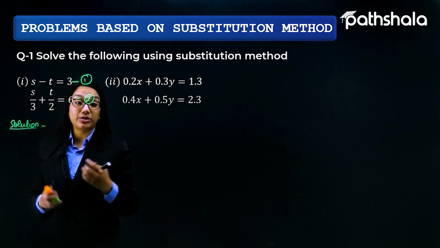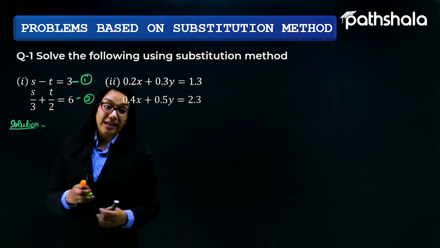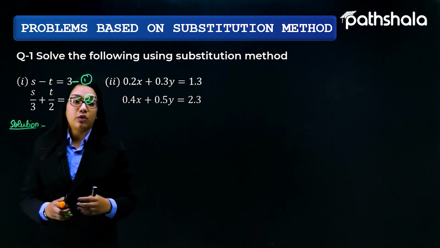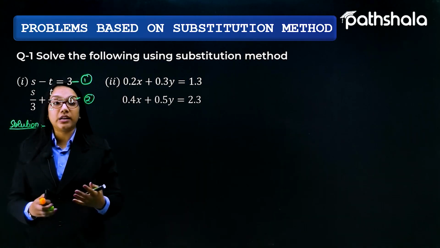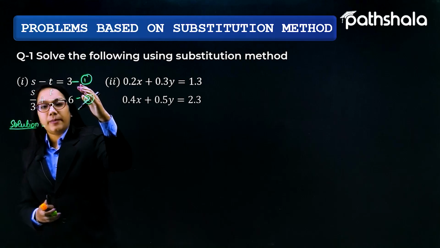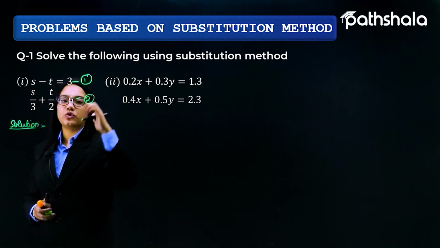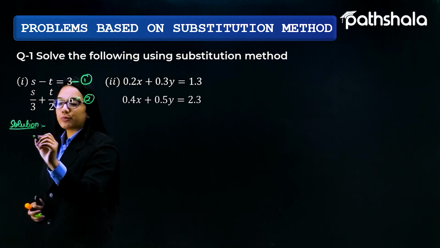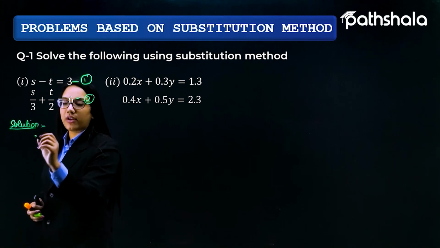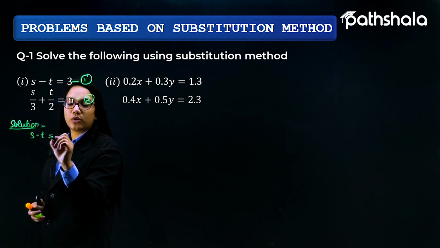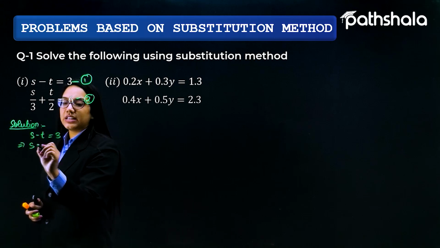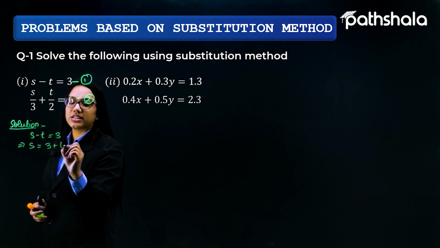So it would be more lengthy to solve s in terms of t from equation 2. So I'm taking equation number 1. If I express s in terms of t, then s minus t equals 3 becomes s equals 3 plus t.